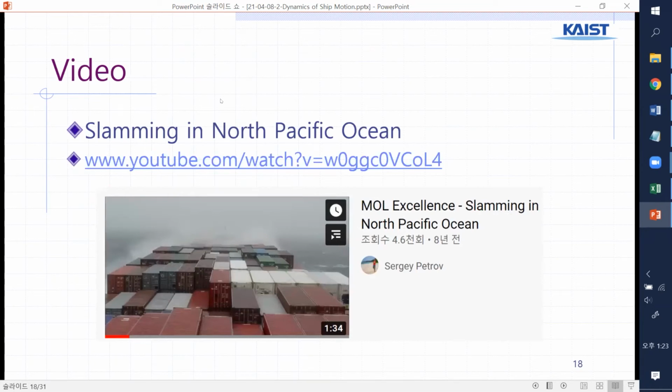So let me show you what the slamming of the sea is. This is a container ship.